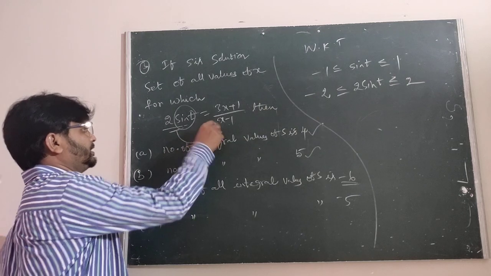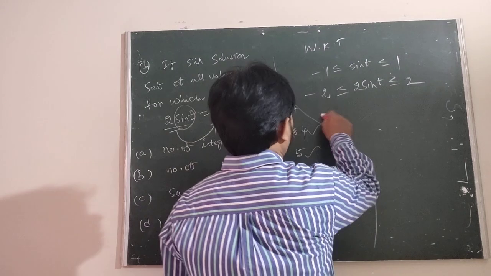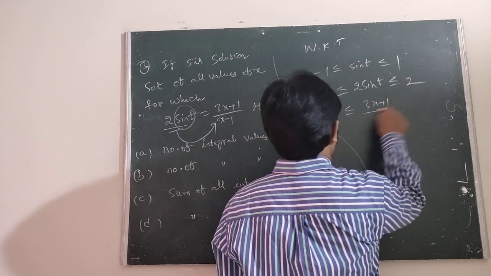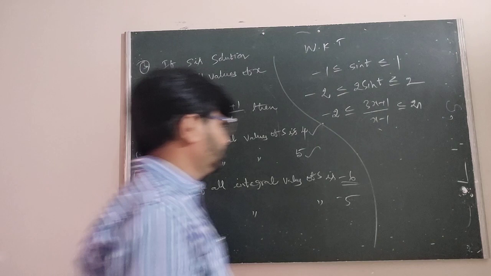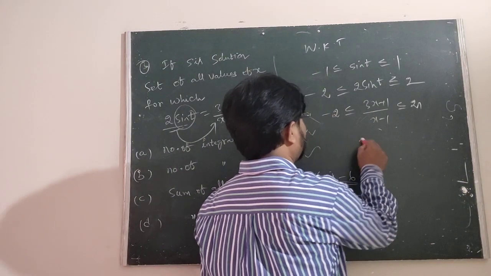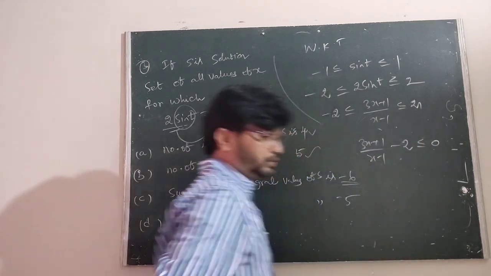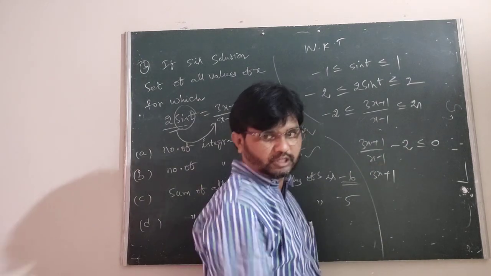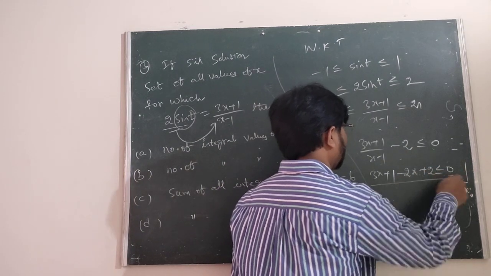Now 2 sine t is given by 3x plus 1 by x minus 1. Now this is minus 2 less than or equal to 3x plus 1 by x minus 1 less than or equal to 2. First we take 3x plus 1 whole by x minus 1 plus 2 greater than or equal to 0.